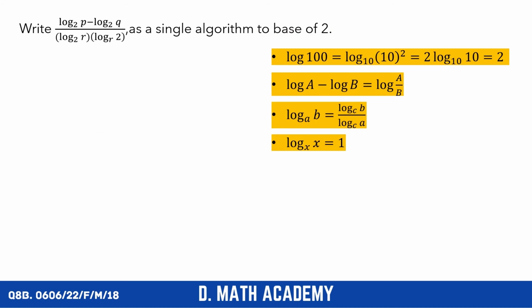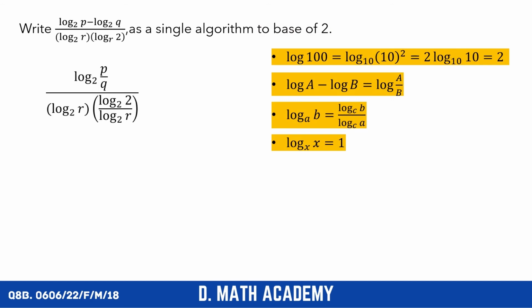So the minus at the numerator will become divide, and for the denominator part, you will notice that one of them has a different base from the log base of 2 set by the question. So you're required to make some adjustment on that.